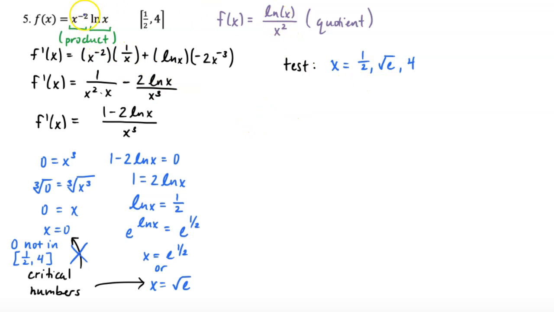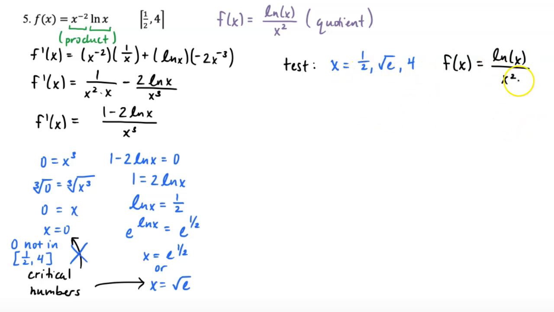Now you can use whatever version of this function you want. I might actually use this one on the right. I think it's going to be a little bit easier. I'm going to use f of x is equal to the natural log of x divided by x squared.